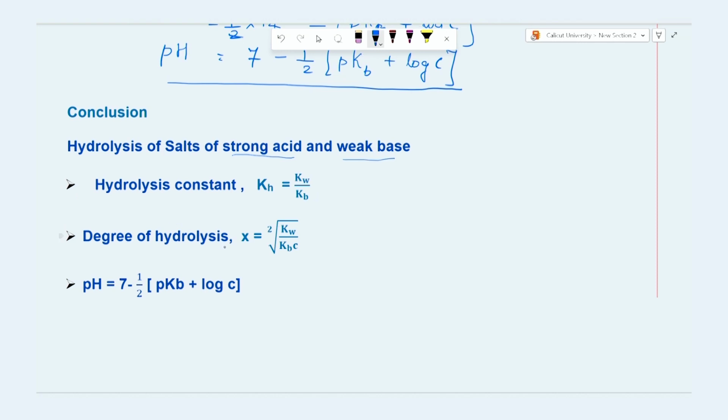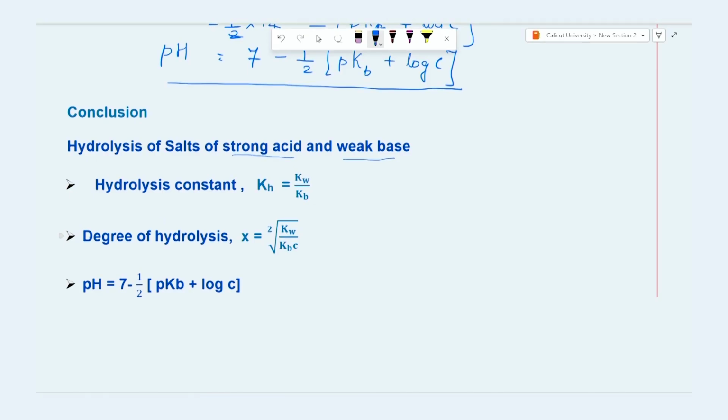Degree of hydrolysis x for such a salt is equal to square root of Kw by Kb into C. Here we can find the concentration term involved, and therefore, concentration determines the degree of hydrolysis. And finally, the equation for pH we have derived as 7 minus half into pKb plus log C.